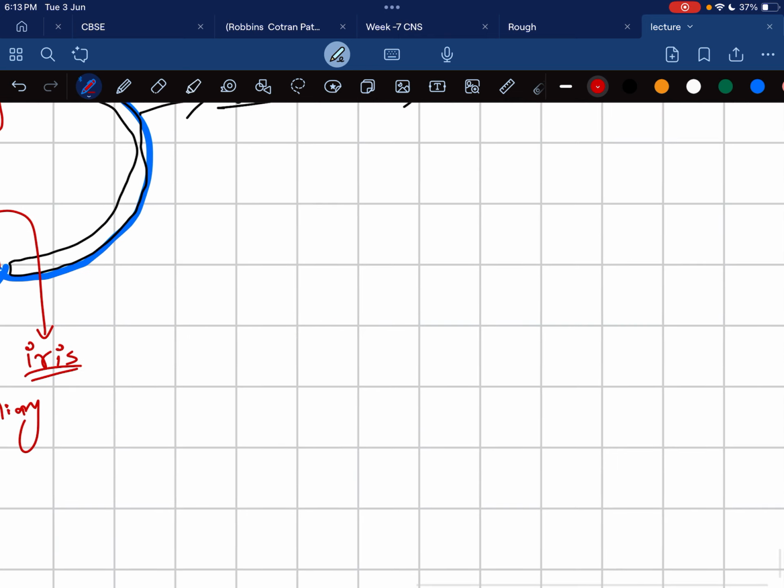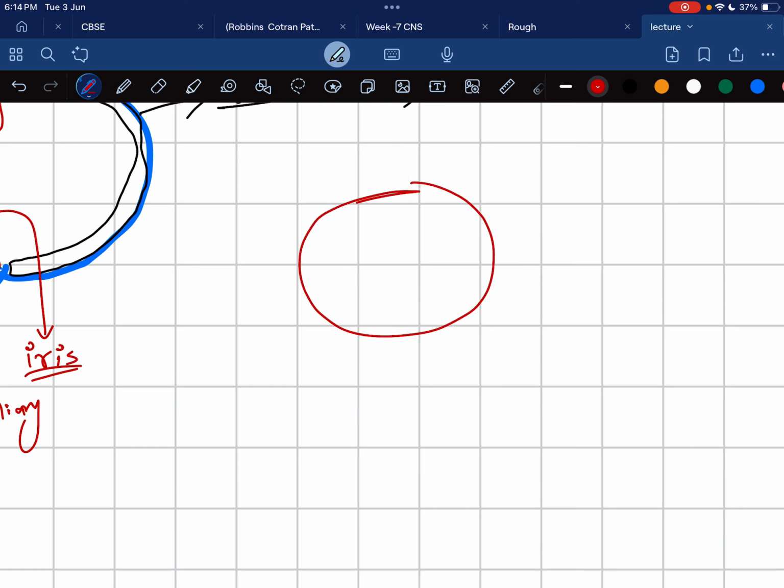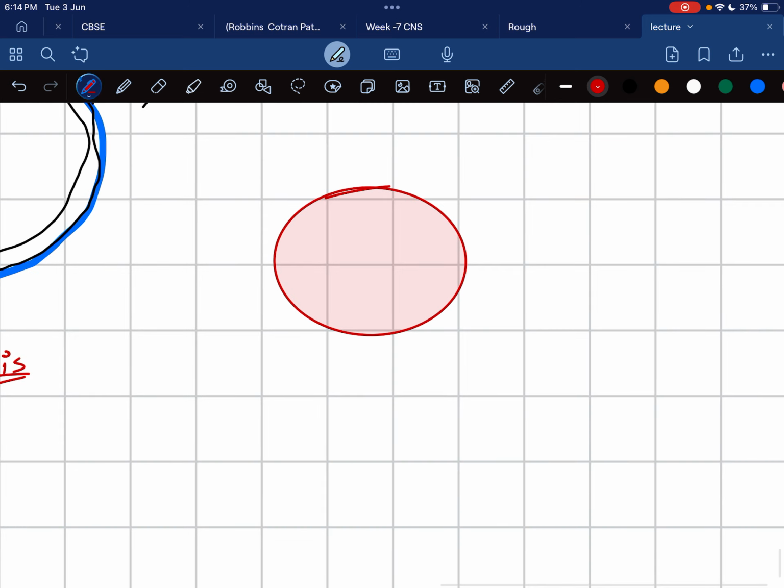When we look at another view of the eye from the front, this is our eye. This is the pupil, and this is the iris muscle.